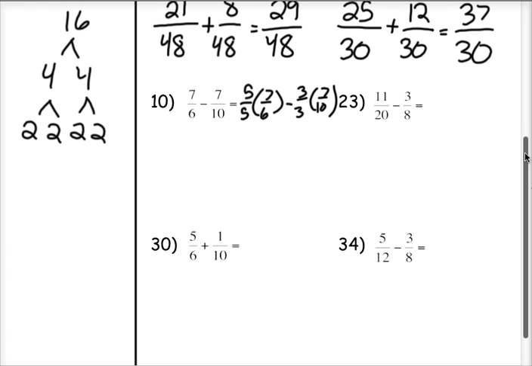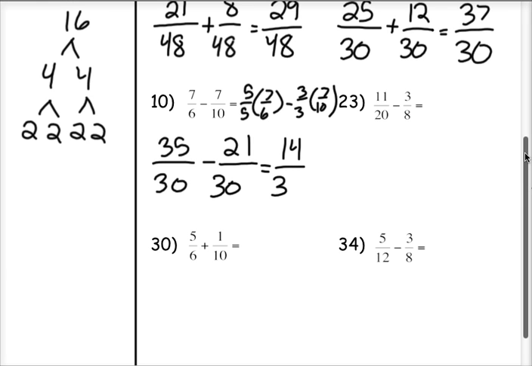So look at the first fraction. 5 times 7 is 35. 5 times 6 is 30. And I'm subtracting off. 3 times 7 is 21. 3 times 10 is 30. So 35 minus 21, that's going to leave me a 14.